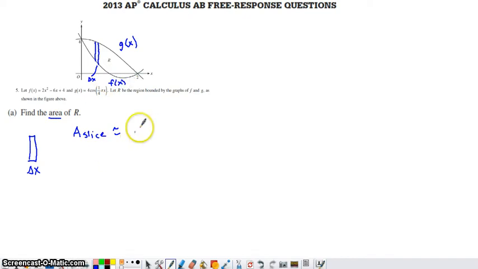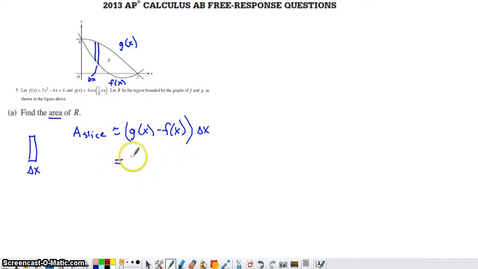So we're going to take the area of a slice being g of x minus f of x for the height. I should have labeled that dimension over here, but then times the width of the slice, which is delta x. So the area of one slice can be found by evaluating this expression. I'm going to simplify this a little bit, clean it up a little.